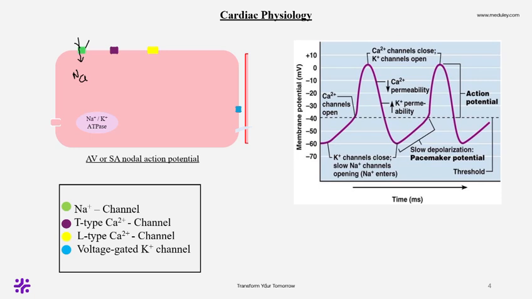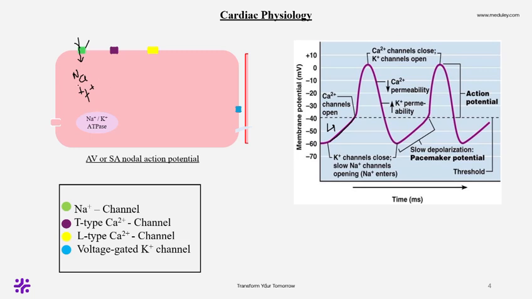As the sodium enters the cell, it makes the cell positive. As the cell becomes positive, it will move from the resting membrane potential to the threshold potential. This phase of moving from resting to the threshold potential is phase 4.